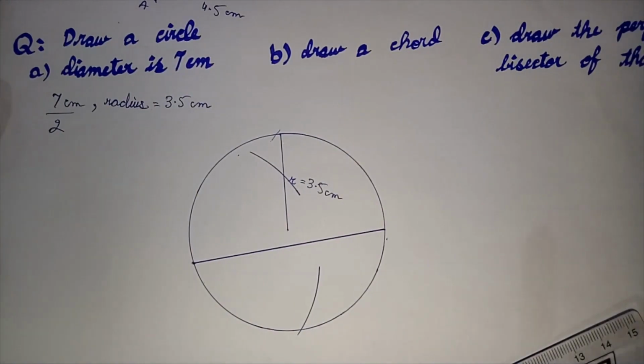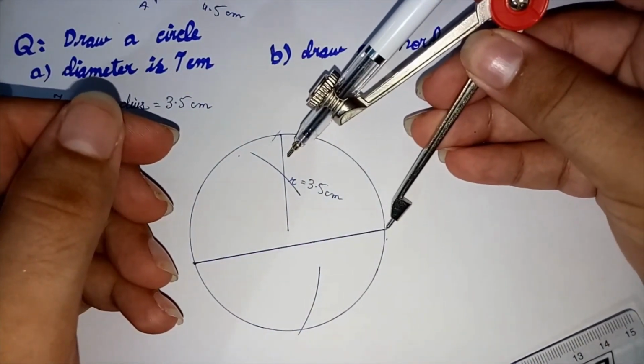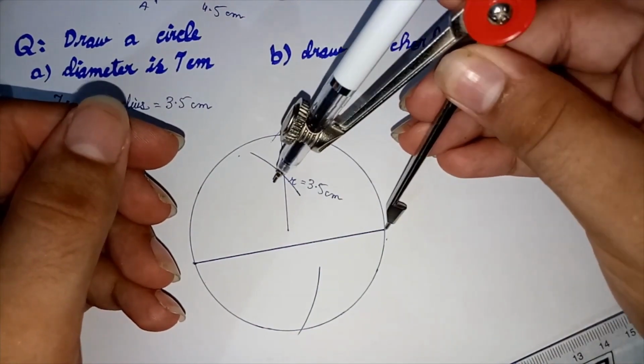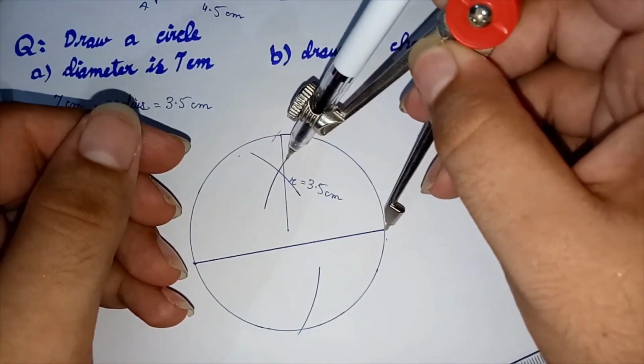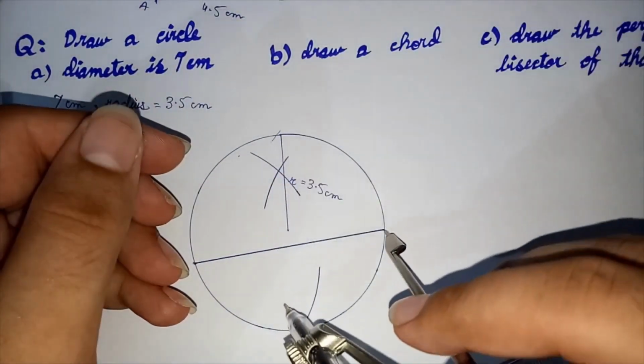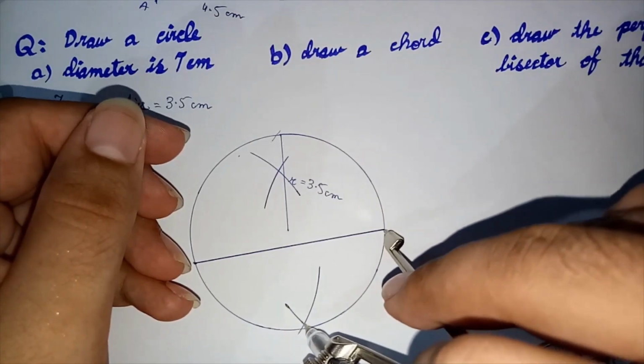Again we will draw an arc, but this time we will drop the needle on the other end point, and draw an arc again up here and down here.